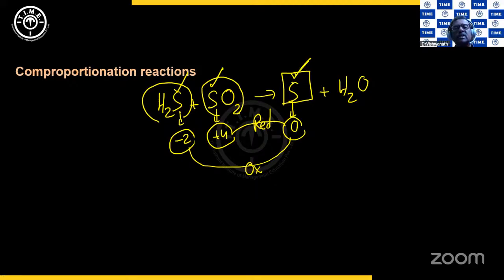On the right, you have a single common species. So that is comproportionation. I hope this is clear. So this is also a redox reaction. It's a special case of a redox reaction. Now here -2 is undergoing oxidation to 0, and here +4 is undergoing reduction to 0. Clear? So this is a comproportionation reaction.